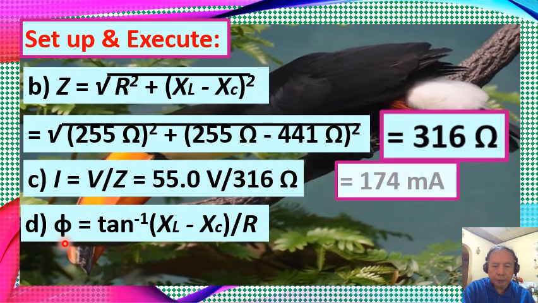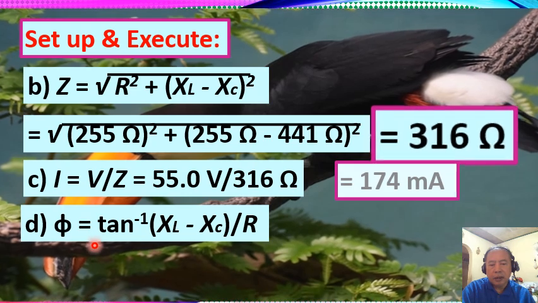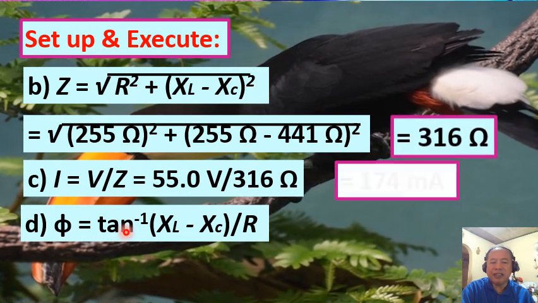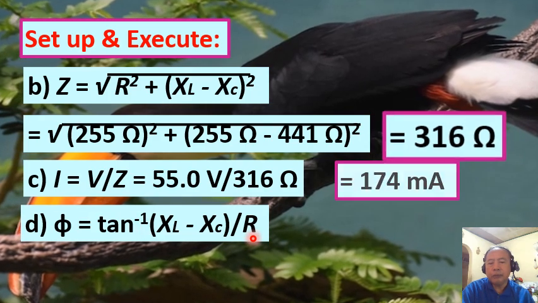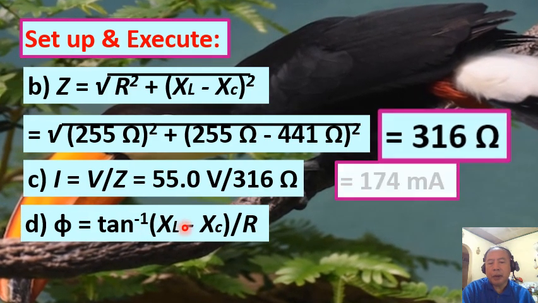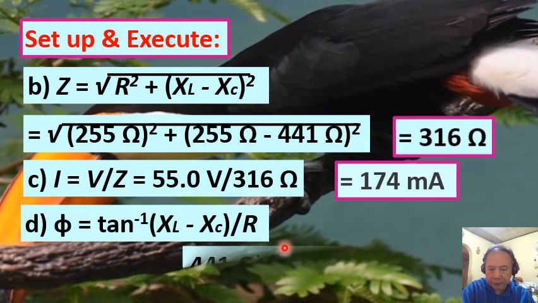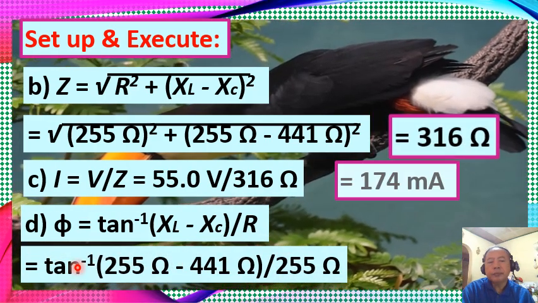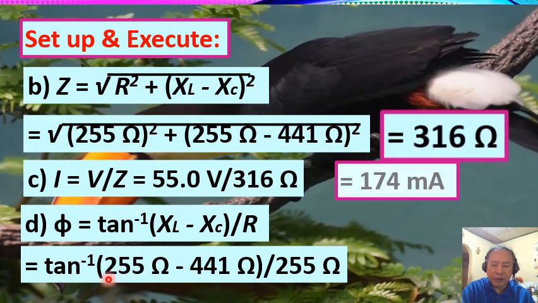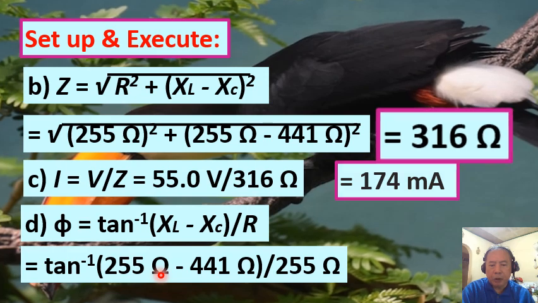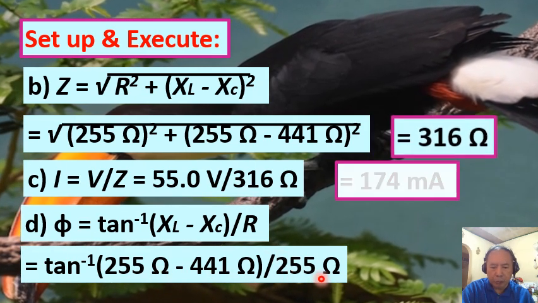So the formula for that is angle phi is just equal to the arctan, or the inverse tangent, of the ratio X of L minus X of C divided by the big R. That is, angle phi equals the inverse tangent of 255 ohms minus 441 ohms divided by 255 ohms.